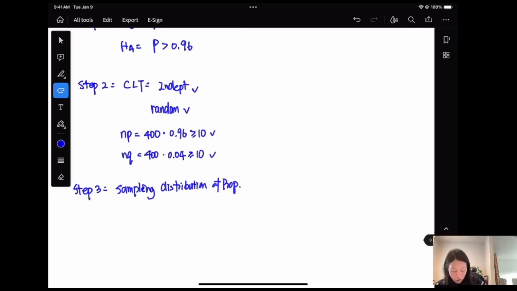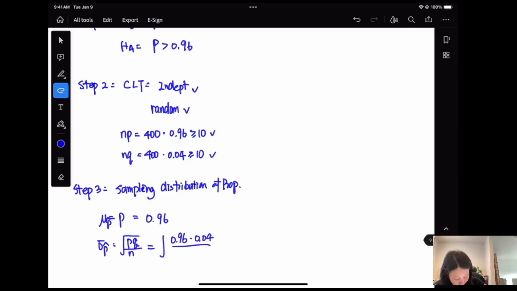The third step is our sampling distribution of proportion. Our mu of p hat equals our null hypothesis, which is 0.96. Sigma of p hat equals the square root of p times q over our sample size, divided by 400.